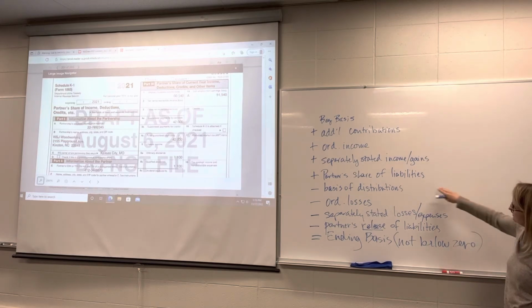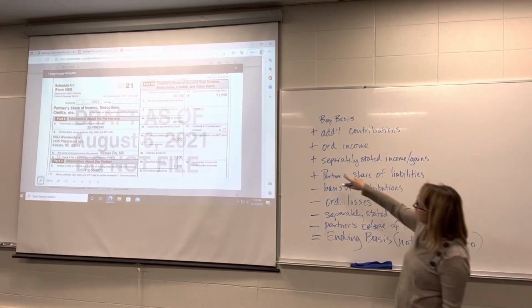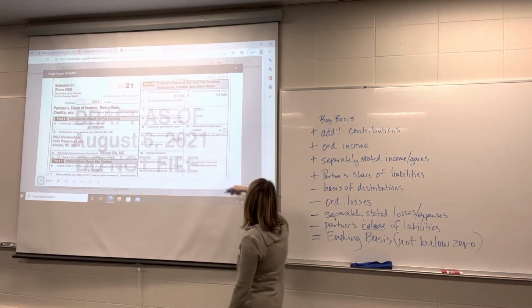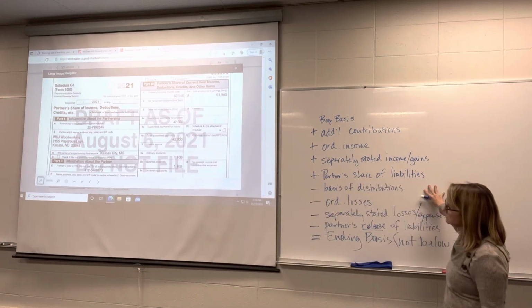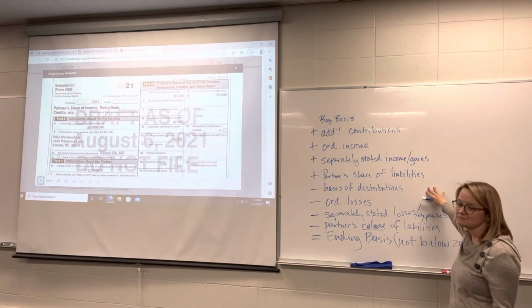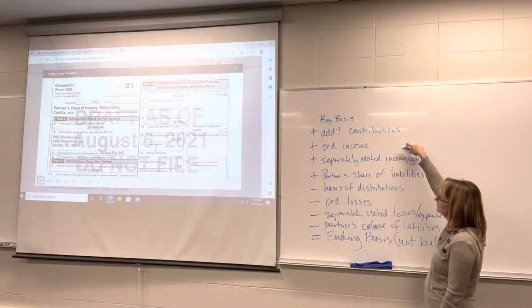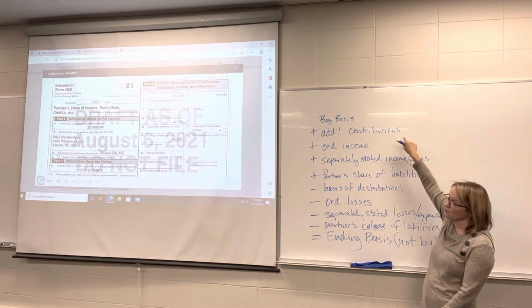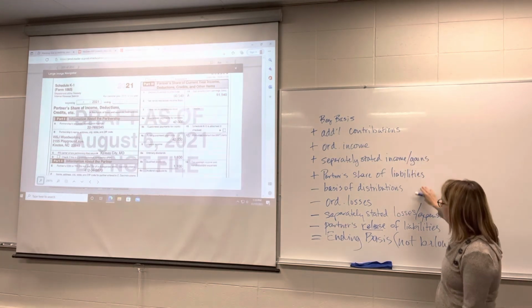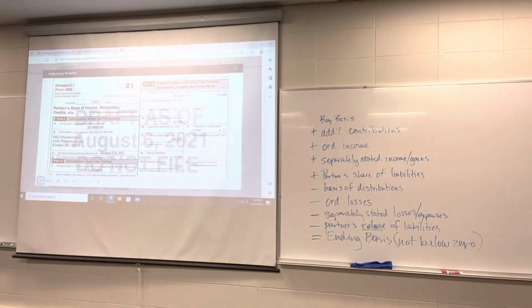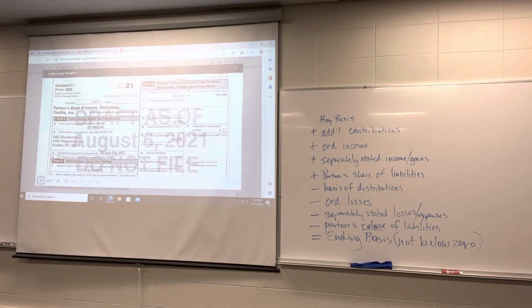Well, no, let's see. The distribution would reduce the basis because it's money that's being distributed, but at the same time, they're paying tax on it, so it acts like ordinary income as well. So there's a plus side, there's a minus side, it cancels itself out. So we don't include guaranteed payments in those basis calculations.